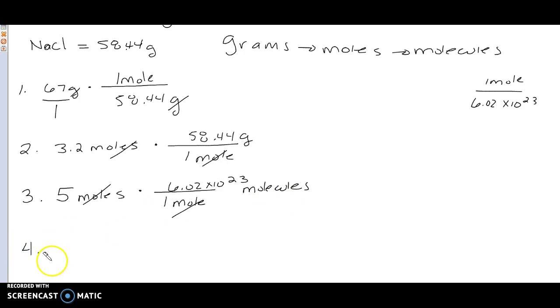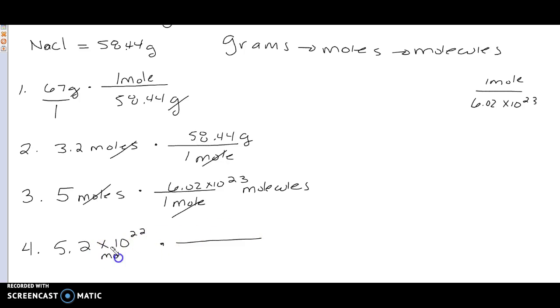Number 4 is how many moles in 5.2 times 10 to the 22nd atoms of sodium chloride. Atoms, molecules, numbers of M&Ms, whatever, you would use this number here, Avogadro's number. So this one I'm given this number to start with. I always start there. And I want to get to moles. So I'm just going to use the same relationship that I used above.